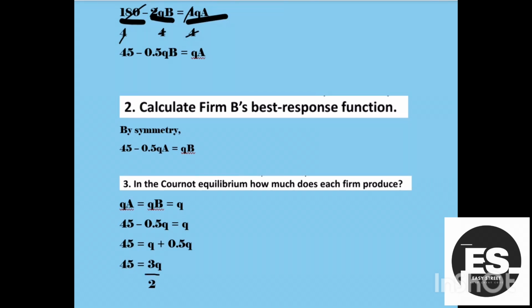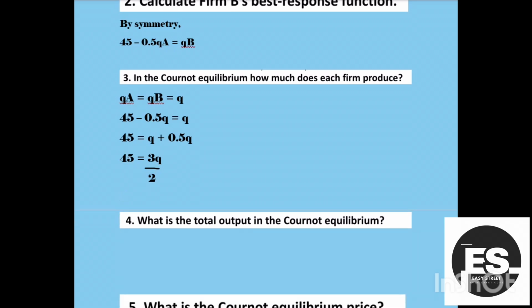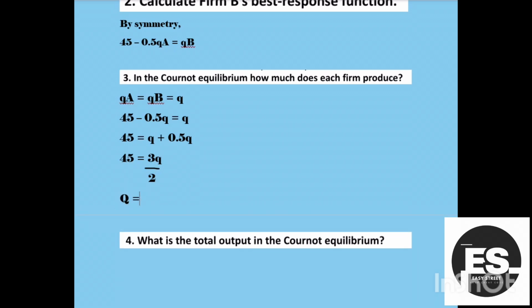Then we go Q equals 45 times 2 divided by 3, and that should give us 30. All right, so that's our answer.